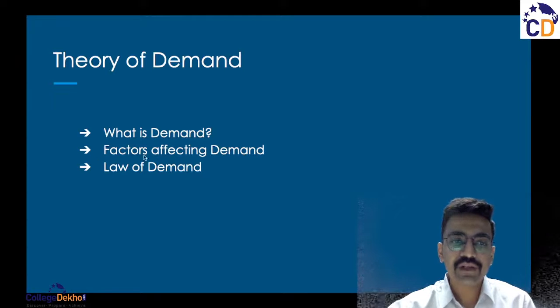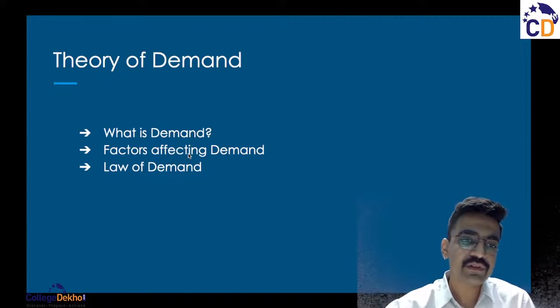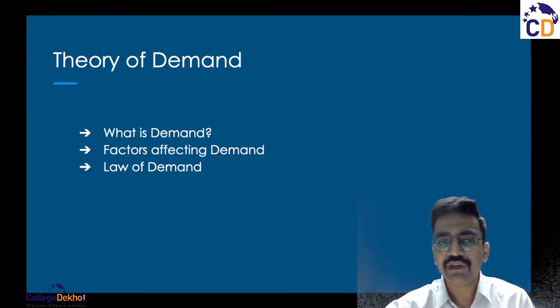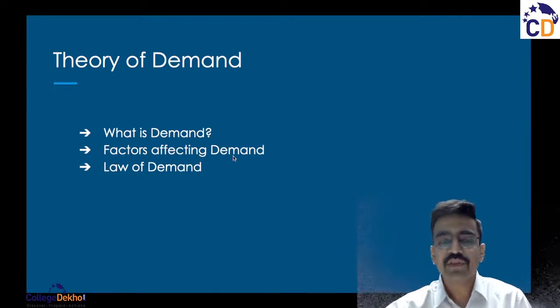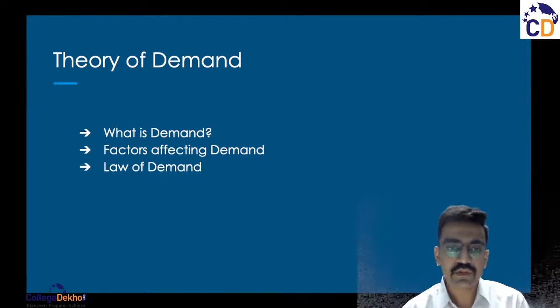There could be any number of factors that affect the demand, but the most important, in theory, is the price of the commodity.